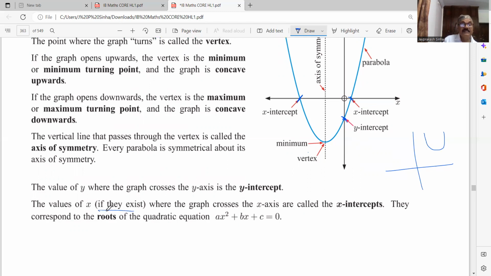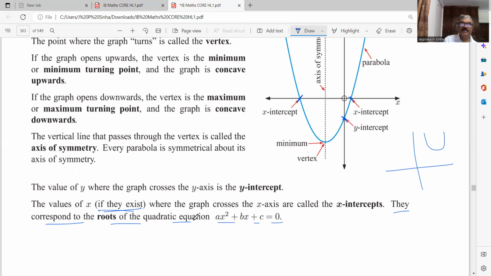There may be cases where it does not cut the x-axis. Your graph may be like this also. If your graph is like this, this parabola is not cutting the x-axis, so in this case it will not have any x-intercept. Okay. So they also correspond to the roots of the quadratic equation ax square plus bx plus c is equal to 0.